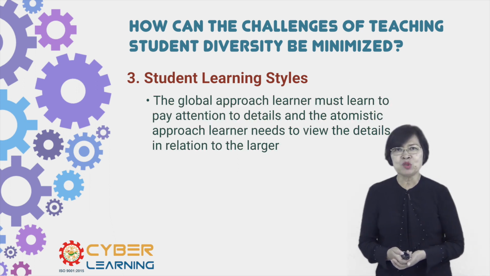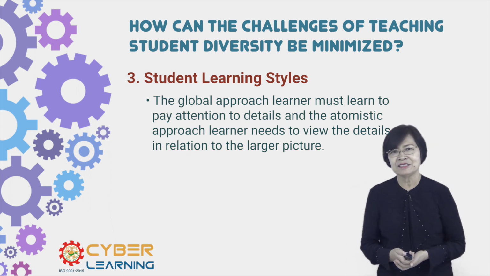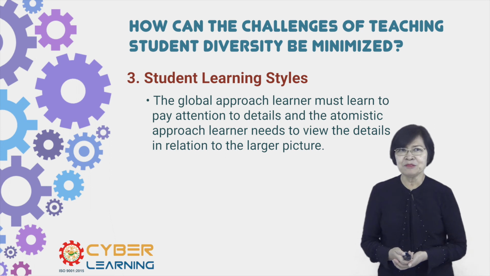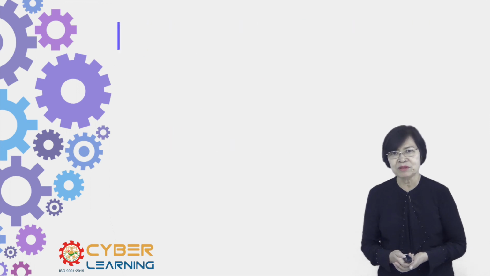The global approach learner must learn to pay attention to details, and the atomistic approach learner needs to view the details in relation to the larger picture. Again, the 3 key points to minimize the challenges in teaching diverse learners are varying instruction, student participation, and student learning styles.